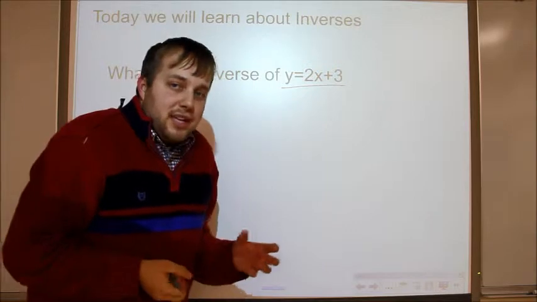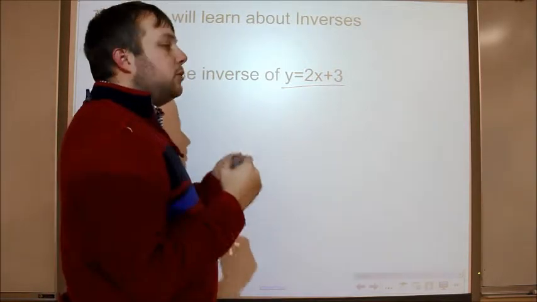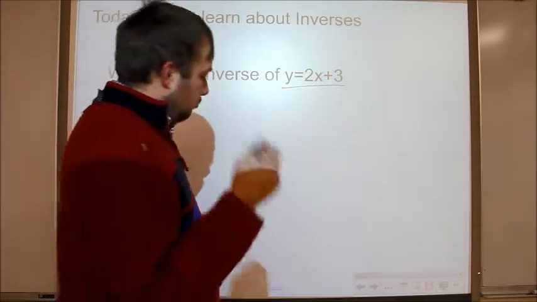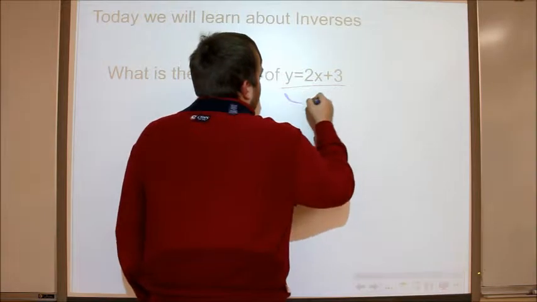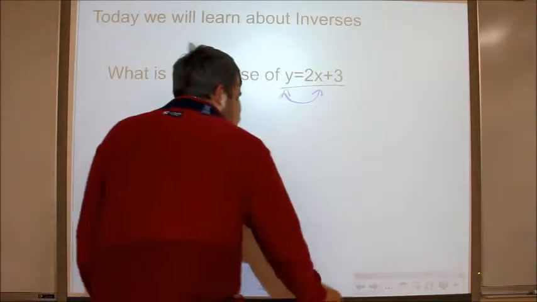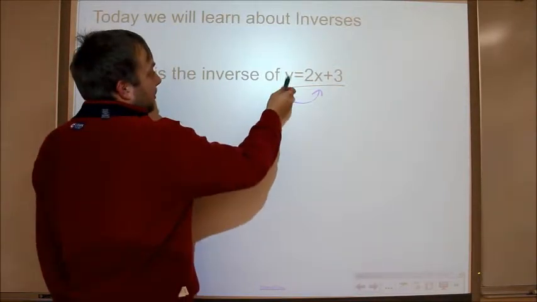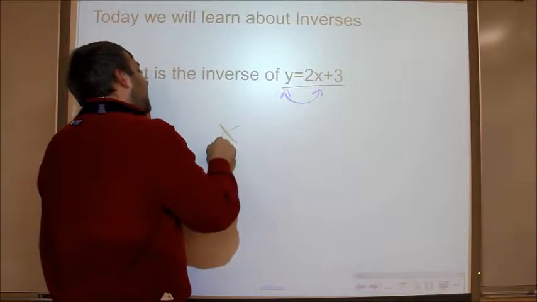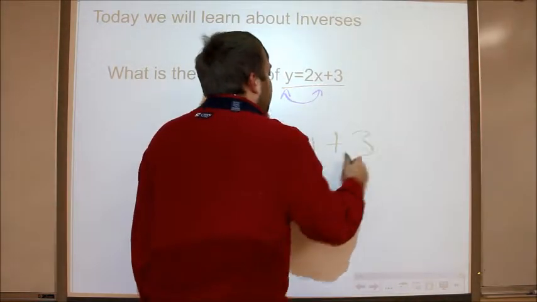Well, I need to put it inside out. So here's how you do inverse. Pretty simple. All you do for inverse is you switch your x and your y. And that's going to do it. You guys ready? So now instead of y equals, it's going to be x equals 2y plus 3.